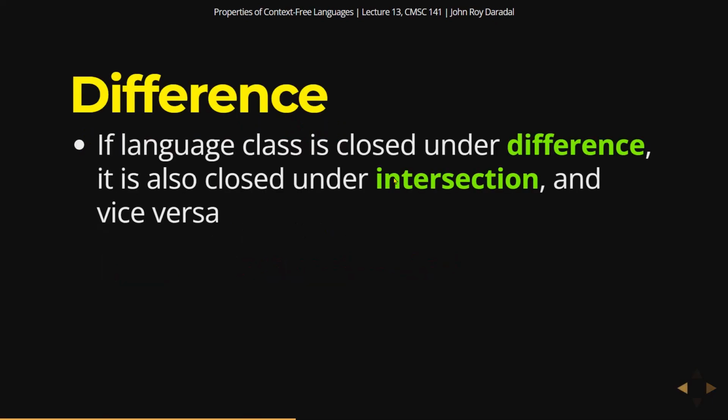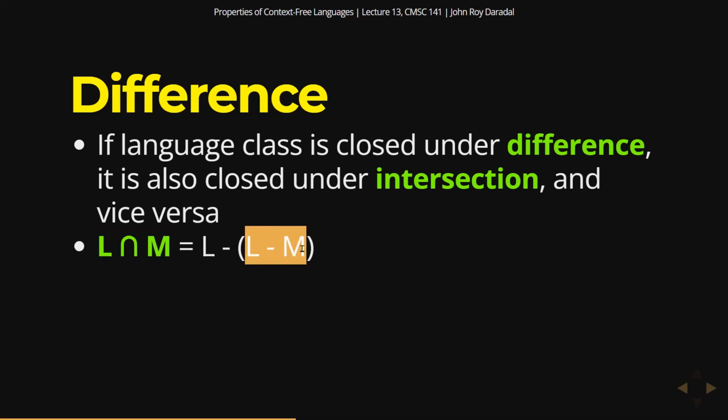And for difference naman, it's just an extension of intersection. So, if the language class is closed under difference, then it's also closed under intersection and vice versa. But since we know that the context-free languages are not closed under intersection, then it's also not closed under difference, because you can express intersection as a difference, like L minus (L minus M), right?